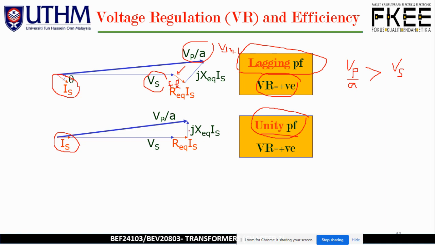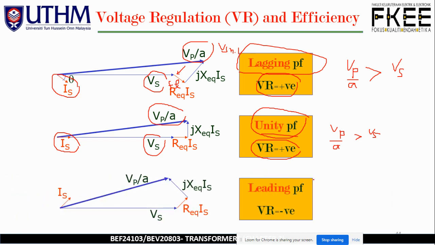And if you look at the magnitude of Vp over A and compare it with Vs, it is slightly longer or bigger. So we can write that Vp in this particular condition is bigger than Vs, right? And this results in a positive voltage regulation.